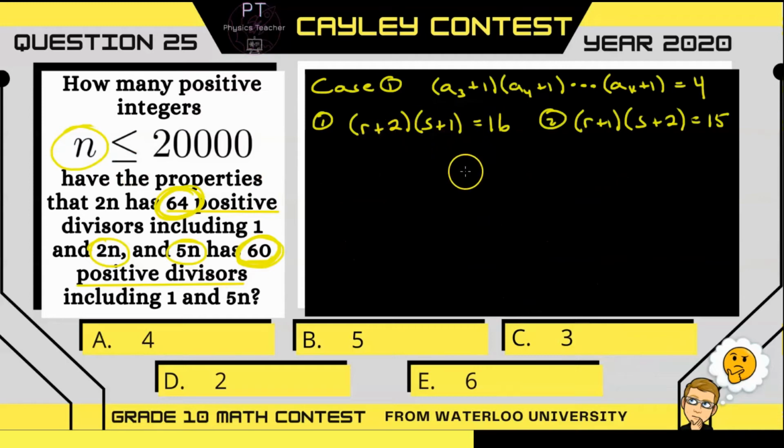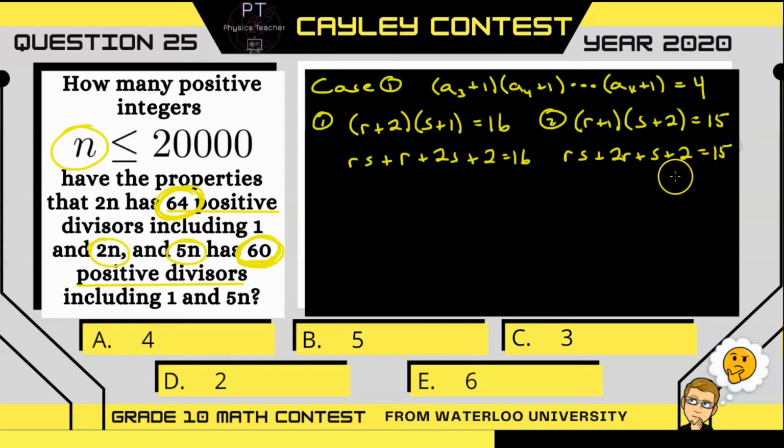Give myself some room and we'll solve the system. So first I'm going to FOIL each side. That's going to give us rs + r + 2s + 2 = 16. And I'll do the same with equation 2, which gives us rs + 2r + s + 2 = 15. Now what I'm going to do is take equation 2 and subtract equation 1.